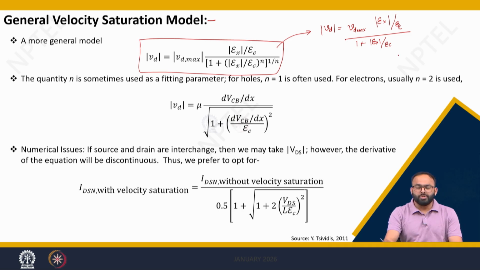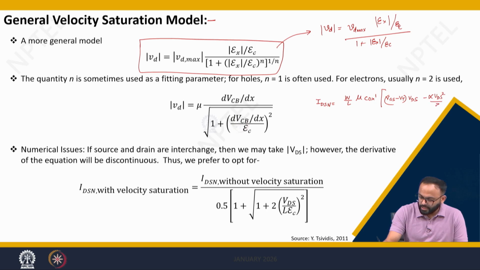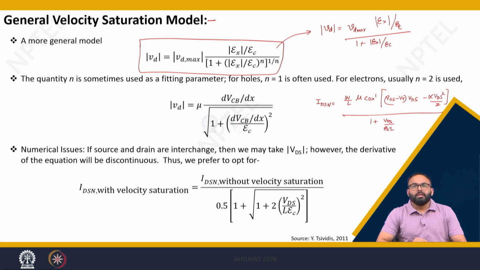That is what we have used, and ultimately we ended up with the equation IDSN equals W divided by L, mu into Cox dash into (Vgs minus Vt) into (Vds minus alpha Vds square divided by 2) divided by (1 plus Vds divided by Ec into L).